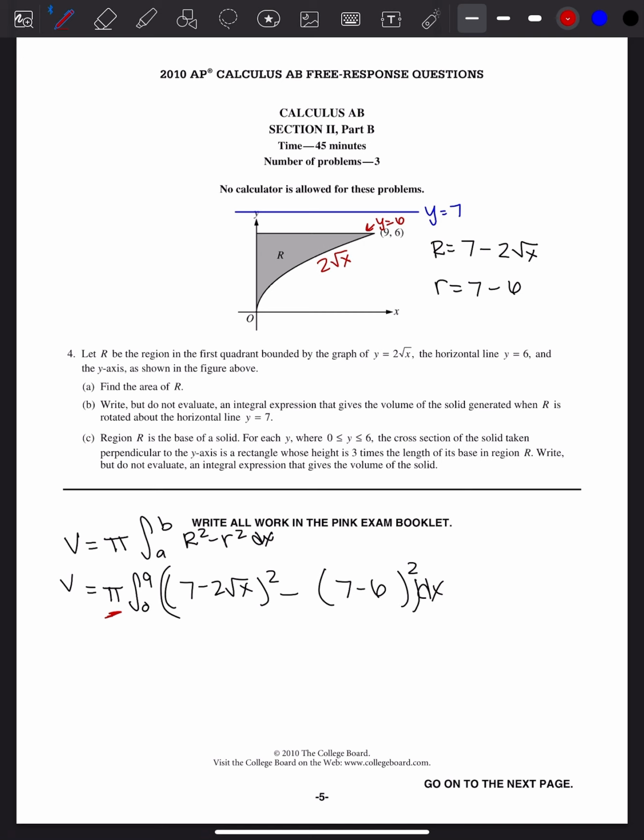So pi and dx are going to be something we need in the integrand. The bounds are going to be really important here. So overall, this is 3 points, but how they define where those 3 points are just depends on the problem in that year. So it may not be exactly the same every time, but overall, this is going to be 3 points.